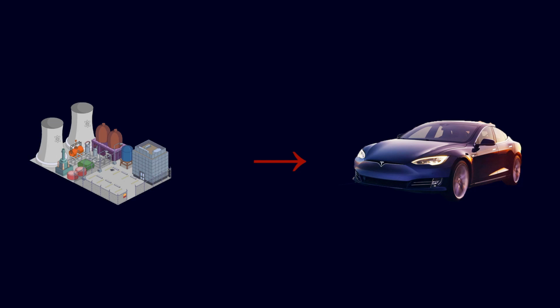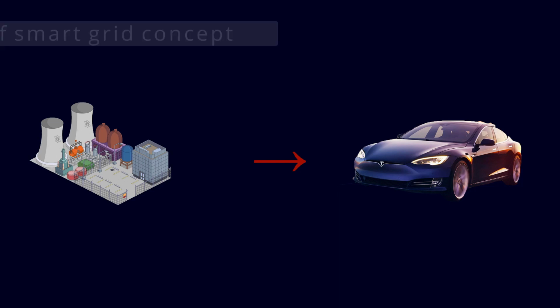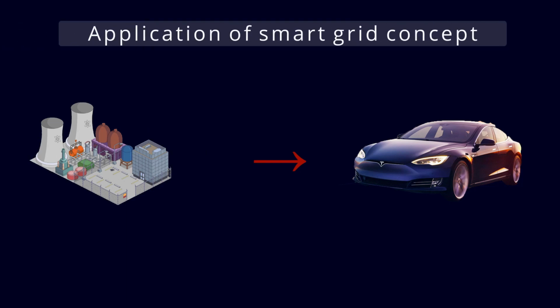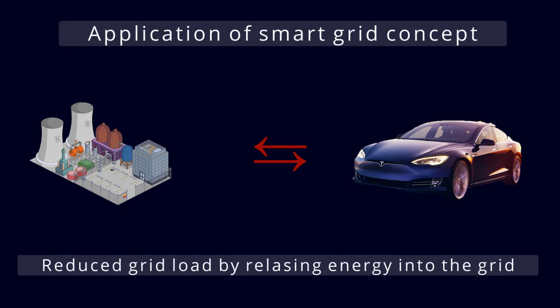Now, let's use the concept of smart grid seen in the previous video in order to analyze this very interesting idea. Since EVs can be plugged into the electric grid when not in use, there is a potential for battery-powered vehicles to even cut the demand for electricity by feeding electricity into the grid from their batteries during peak use periods, such as mid-afternoon air conditioning use, while doing most of their charging at night when there is unused generating capacity.